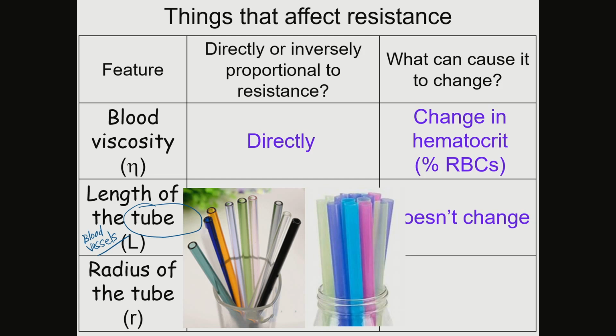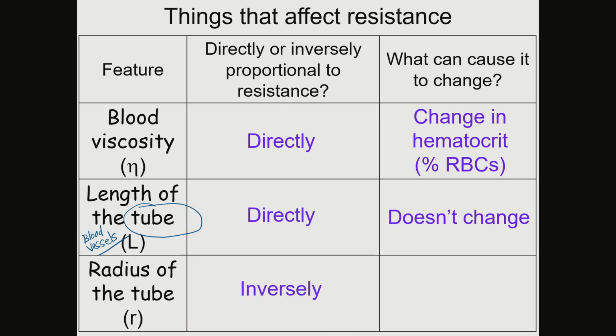Okay. And so, if we're thinking about the radius of the tube, is the radius directly or inversely proportional to resistance? The bigger the straw, the easier it is to drink from, right? And hence it is inversely proportional.